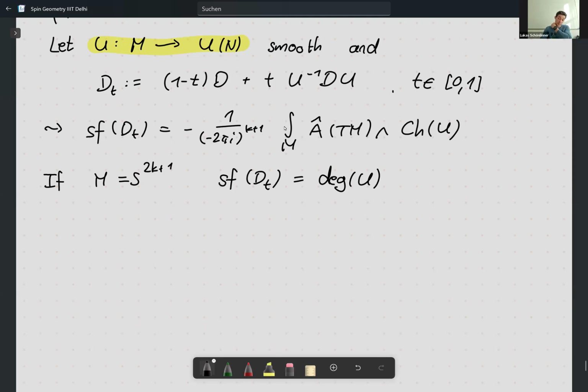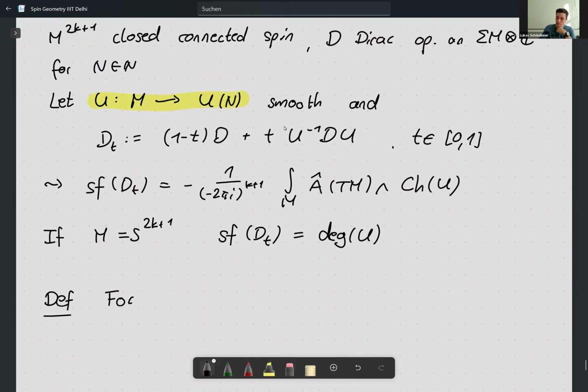Actually, up to now, it all comes down to one manifold where we can actually compute this, namely the sphere. To explain this, let me first introduce a modified connection.